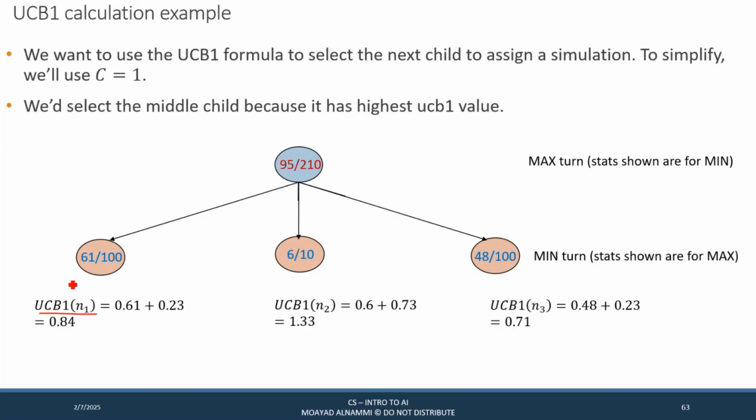So the score for this state here is going to be 0.84. What about for this one? It's going to be 0.6 plus the exploration term. You can do the math. It'll be 1.33. What about this one? It'll be 0.48 plus 0.23. So 0.84, 1.33, and 0.71. This has the largest UCB1 value. So I'm going to allocate the budget to this node, perform a simulation, and then update the statistic.